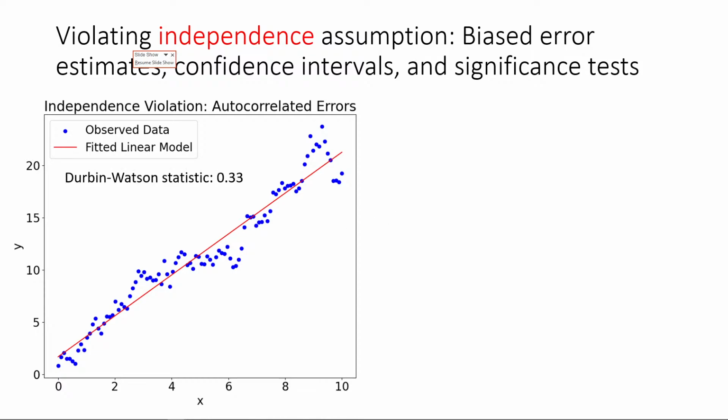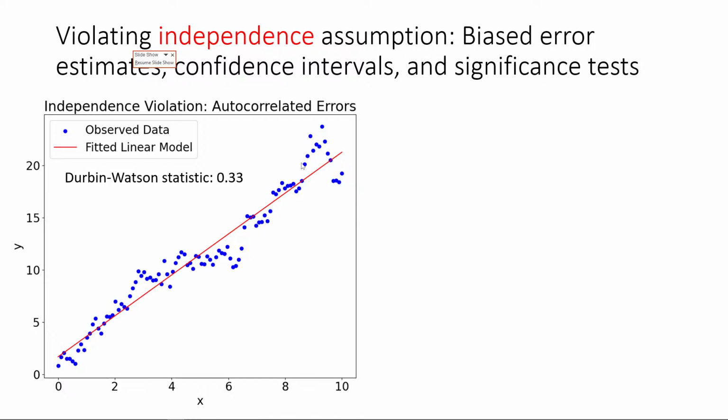To check this, we usually do something called the Durbin-Watson statistic. If this value is close to 2, that indicates no autocorrelation. If this value is below 2, it suggests some positive autocorrelation, and if this value is above 2, that would suggest a negative correlation.